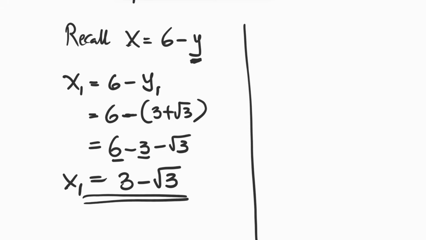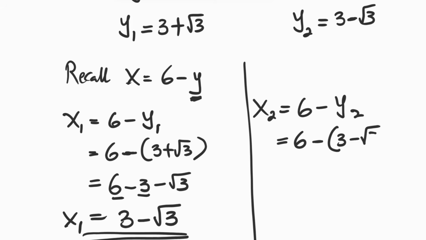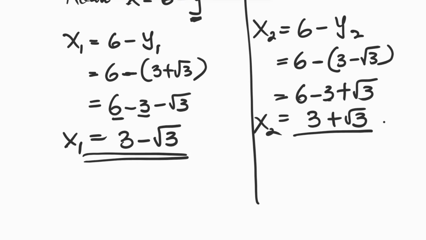Now, if we go on to our x2 value, which will be 6 minus y2. So we have 6 minus 3 minus root 3. So this becomes 6 minus 3, minus times minus gives us positive root 3. And therefore we have 6 minus 3 will give us 3 plus root 3. This is our x2 value.